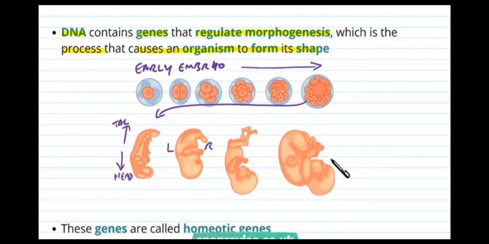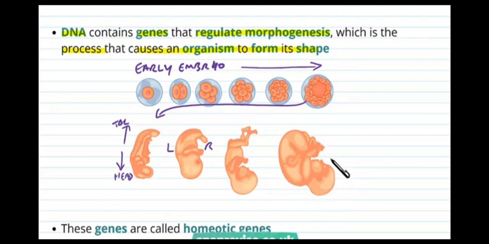Life starts from a spherical single fertilized egg, then it forms a ball of cells, and then further specification starts. Certain regions become the head region, certain regions become the tail region, then we have the right side and the left side.